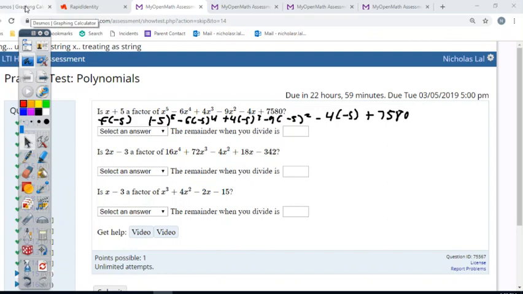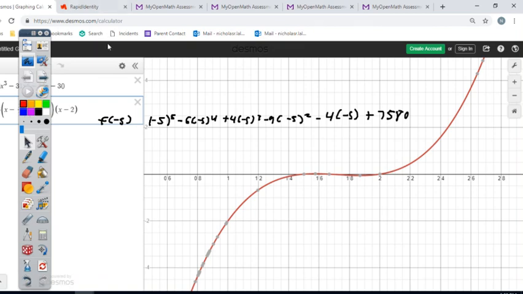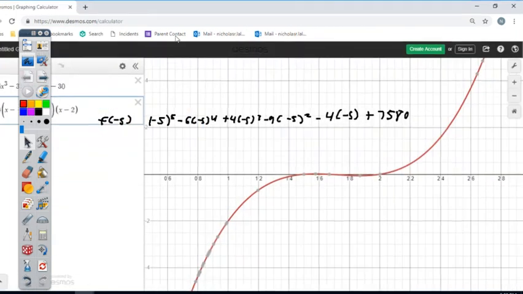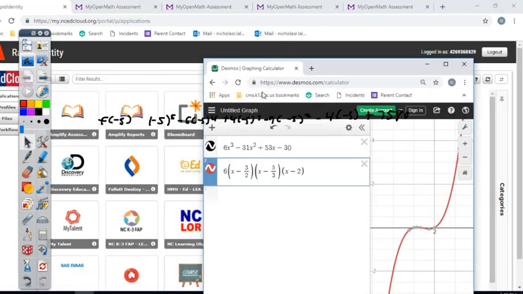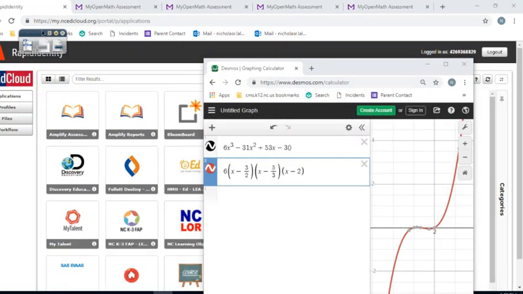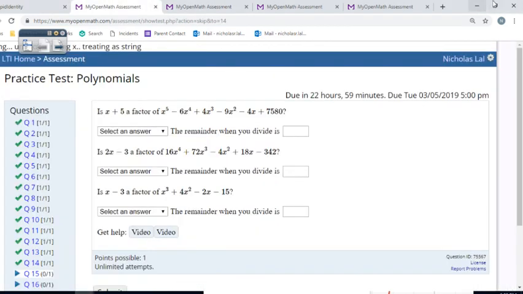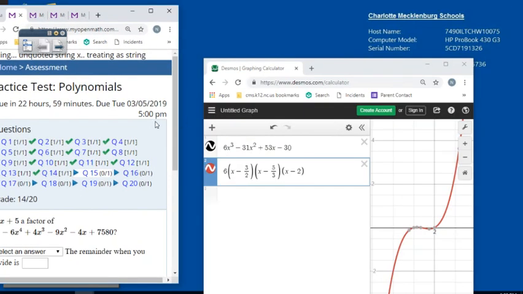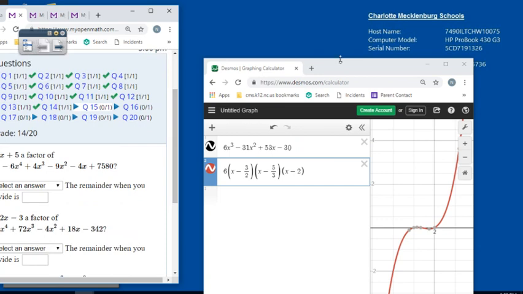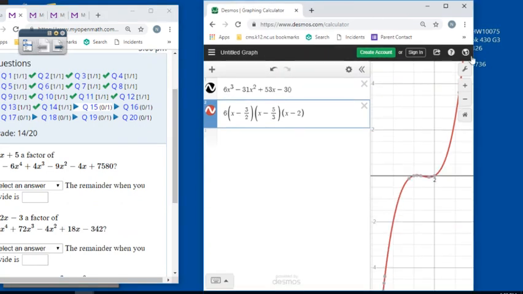So let's turn Desmos into a new window. Clear annotations. Minimize this. Open back up the math assignment. Get it so I have multiple screens.